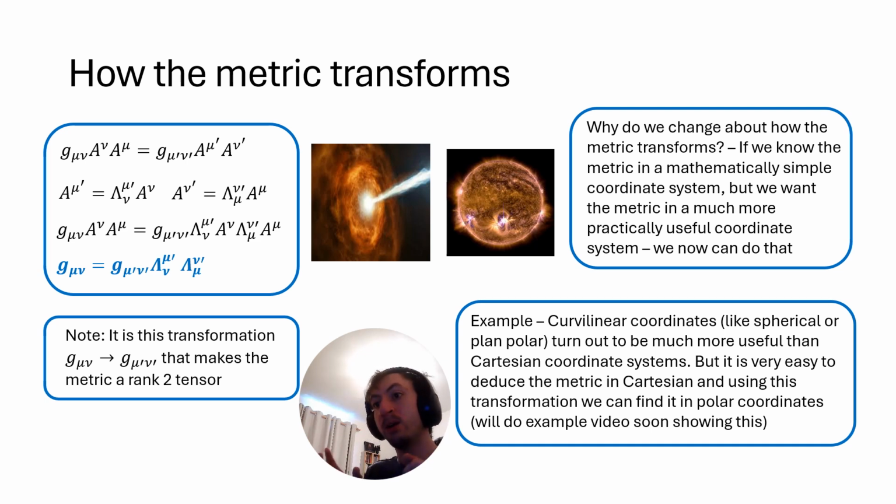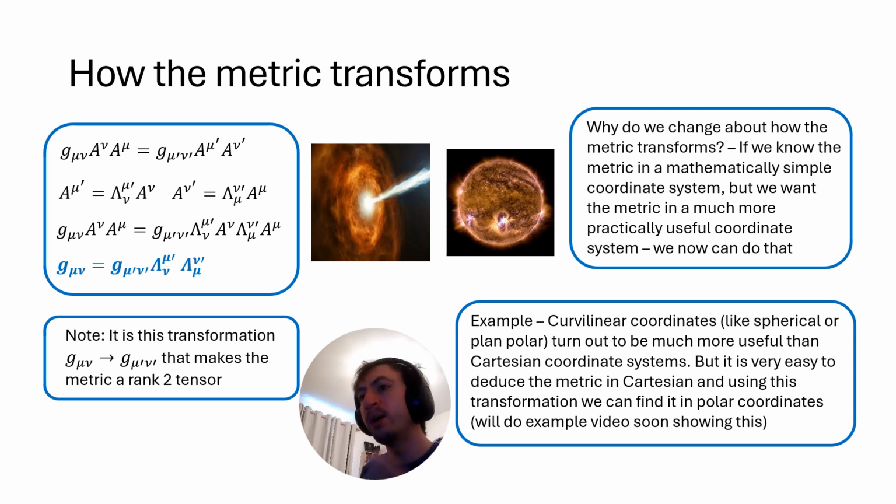The thing with our equation for converting the components of the metric is that now we have a recipe where, if we know the components of the metric in the Cartesian coordinate system, we can find it in the spherical polar coordinate system, even though how the basis vectors change in spherical polar coordinates is a lot more complicated, and therefore it's a lot harder to directly get the components of a metric in spherical polar coordinates than in a Cartesian one.